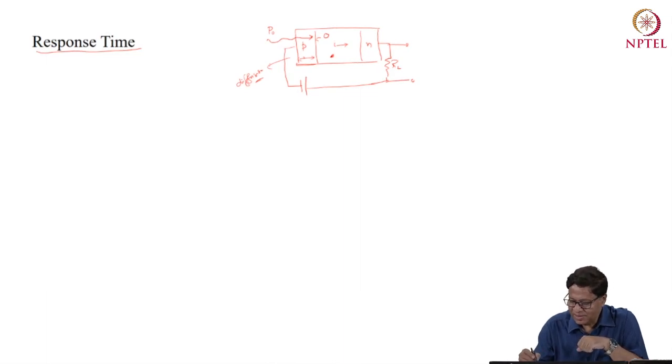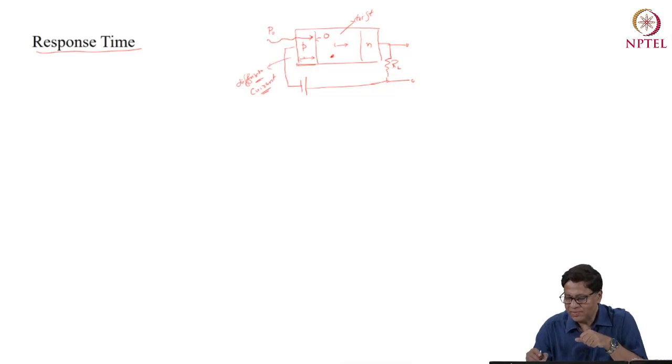If that happens in the I region, where there is a voltage, these electron hole pairs are swept away and they generate current, and this is called drift current. So you have two parts: one is drift current and the other is diffusion current.